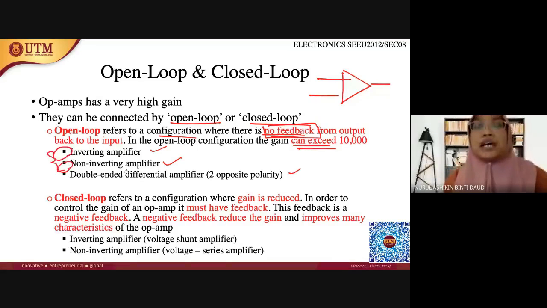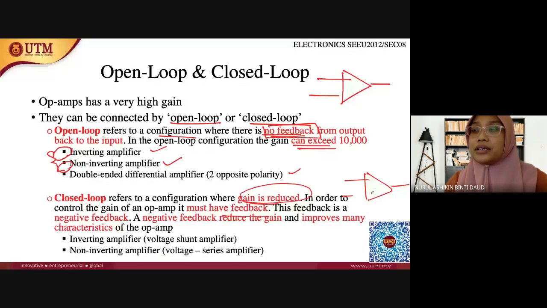And for closed loop, it usually refers to a configuration where the gain is reduced. In order to control the gain of an op amp, it must have a feedback. So it means that inside this op amp circuit, there is a feedback. If it is connected to the negative terminal, it will be negative feedback.